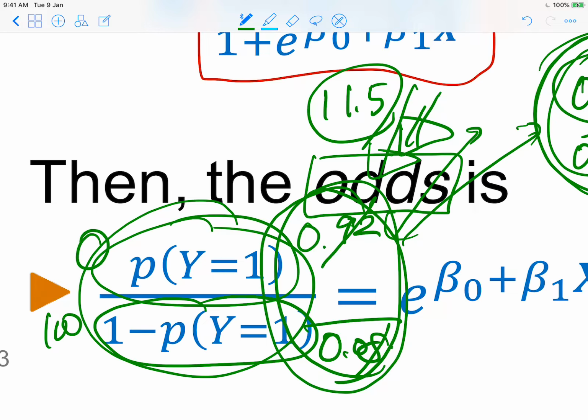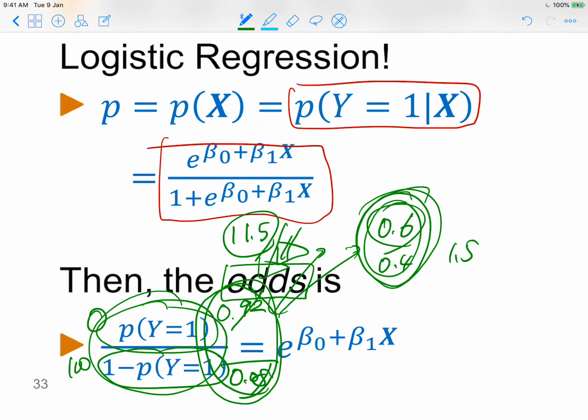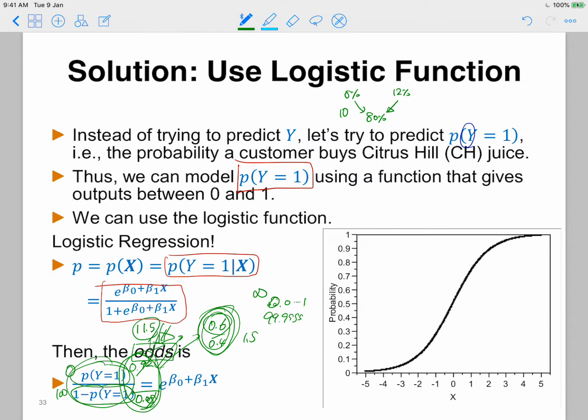In this case the minimum value is 0. But what about the maximum value? The maximum value is basically infinity, because if my probability is 99.9999 and so on, and the other is 0.01, I can increase my odds ratio to infinity.